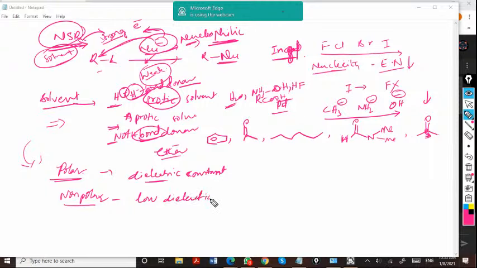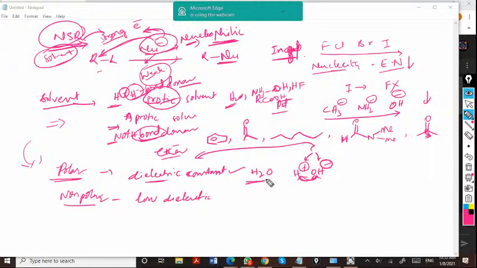What is polar? When you take water, which can form H plus and OH minus, a molecule which can form two poles is said to be a polar molecule. Here the electrical charge difference between these two will be maximum. That is called the dielectric constant. If the dielectric constant is high, then it is said to be a polar solvent.